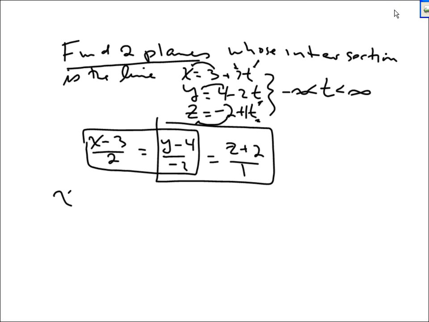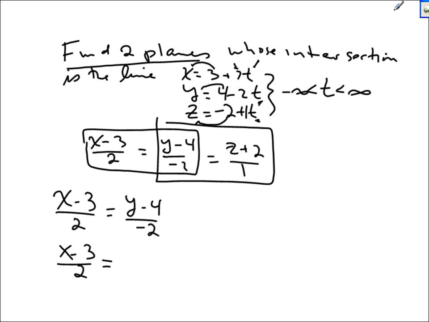That is, (x minus 3) over 2 is equal to (y minus 4) over negative 2. If 2 fractions are equal and they have the same denominator, then the numerators have to be equal. I'm going to multiply the top by negative 1, and the bottom by negative 1.